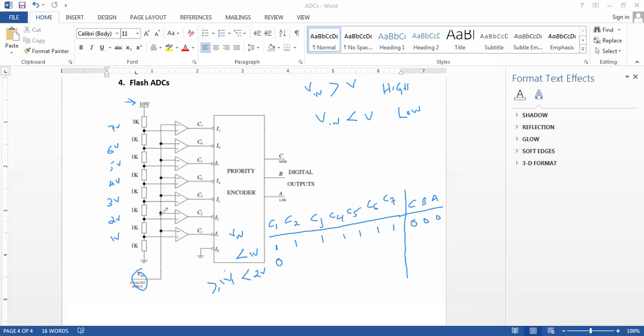For all the other voltages, we are comparing with a voltage of at least 2 volts, so C2 all the way to C7 will be high. And our output code at that point will be 0, 0, 1.